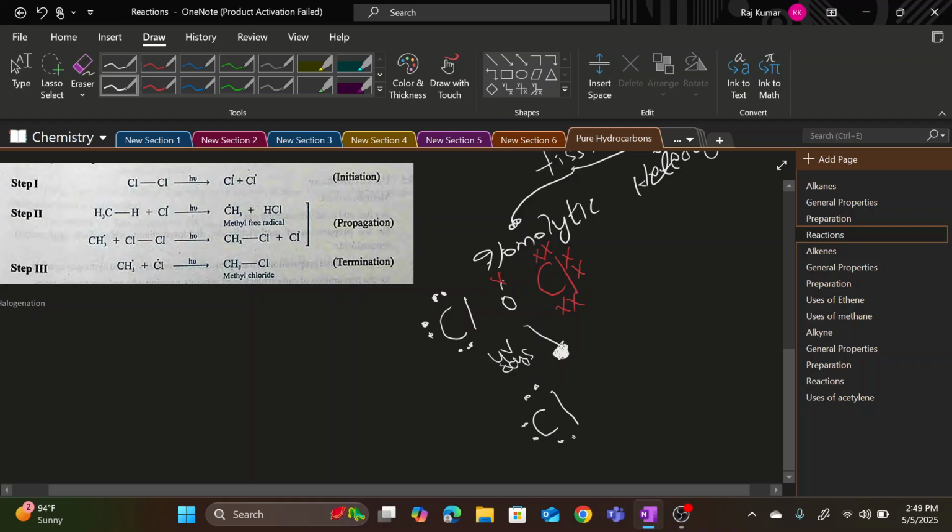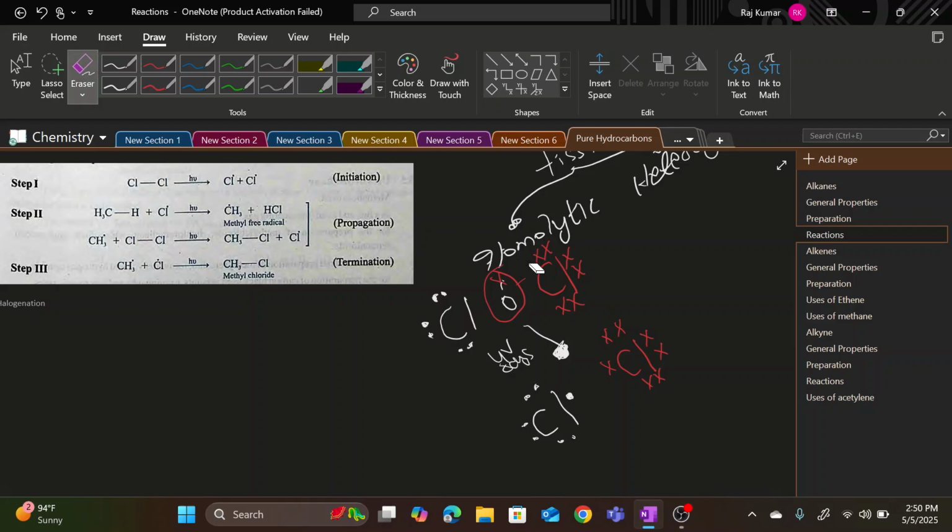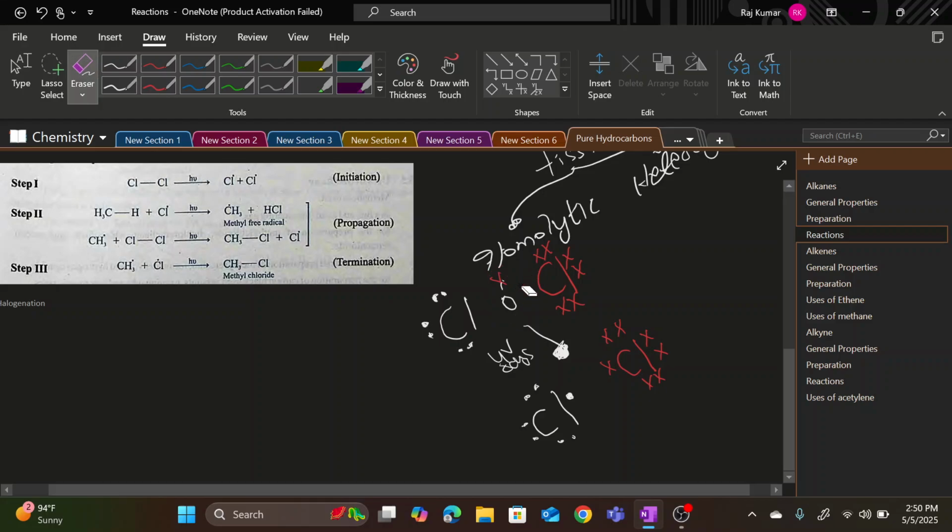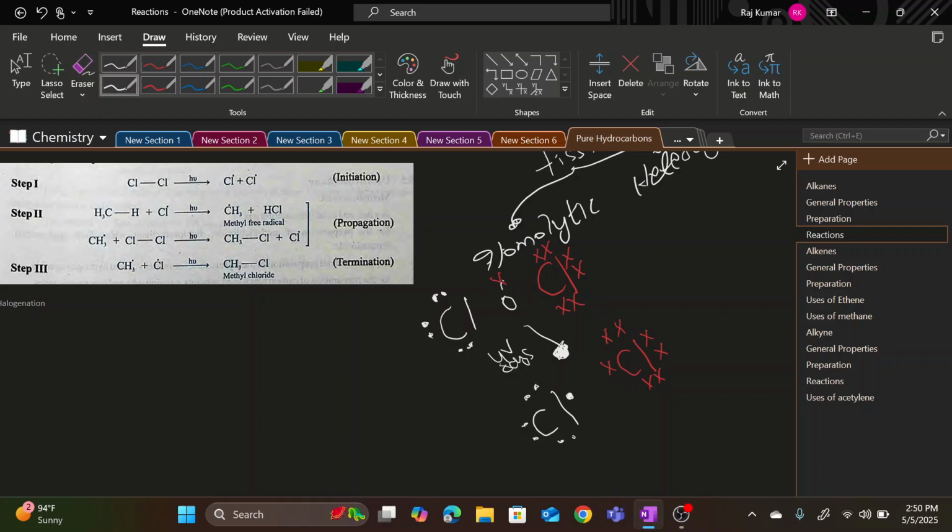It causes an equal share of electrons, such that in the middle there were two electrons, but when the bond breakage happened, both of these electrons were divided equally. This is known as homolytic fission. Homo means same, because each atom receives the same number of electrons, due to which it is known as homolytic fission.